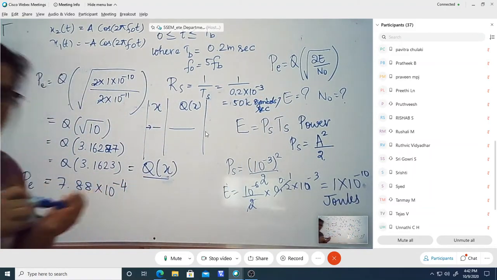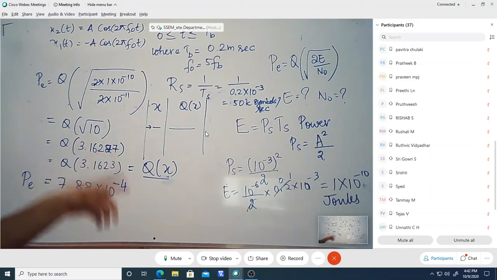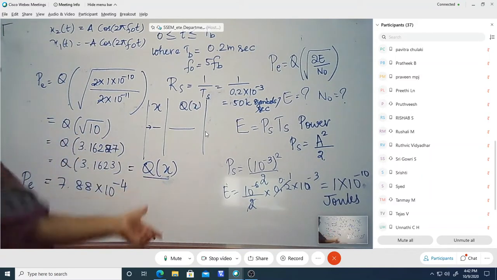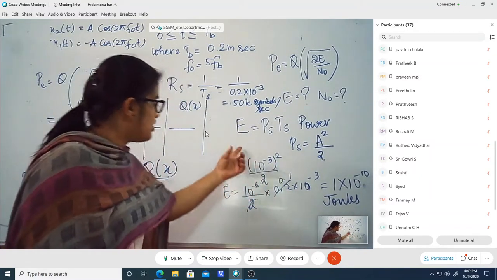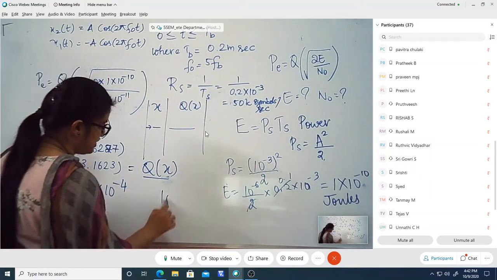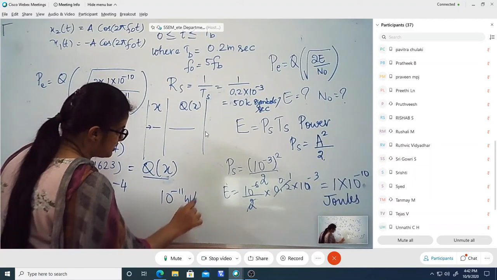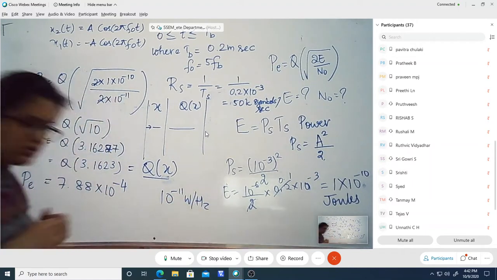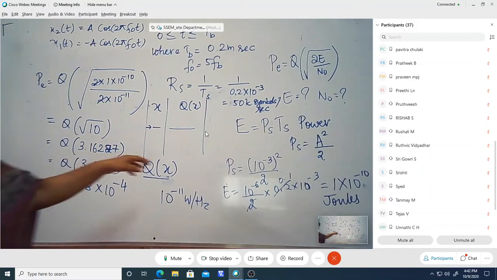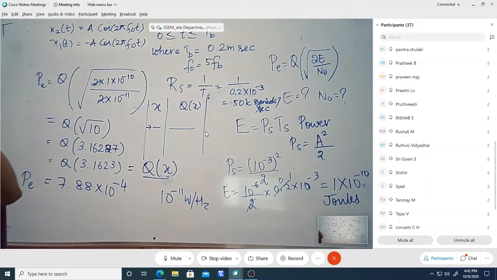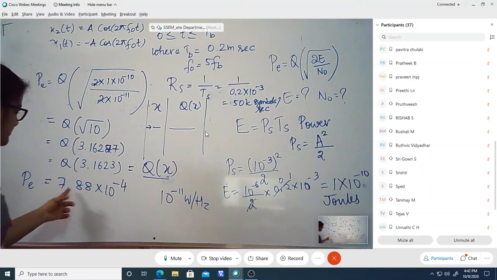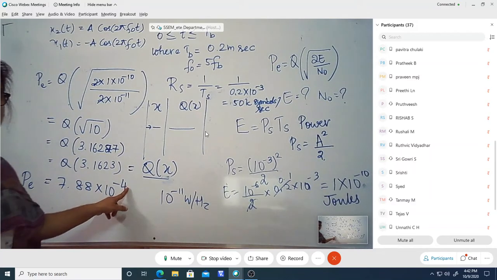So whenever I am transmitting 50 kilo symbols per second over an AWGN channel with a noise power of around 10 raised to minus 11 watts per hertz, if the received signal amplitude is equal to 1 millivolt, then the probability with which I am going to end up in error is 7.88 into 10 raised to minus 4.